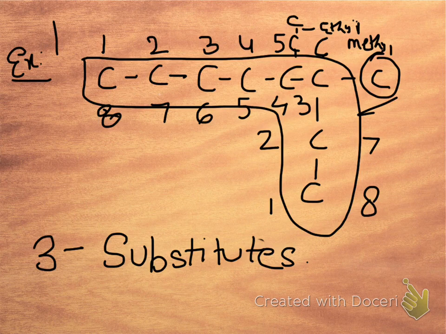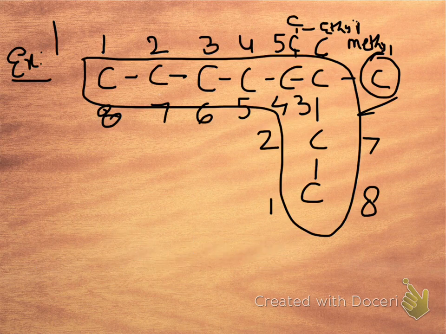Now you should write the compound name. How will you write it? As I said, while writing the compound name, first it should be the prefixes, then word root, then suffix. Suffix we'll discuss next. Let's write the prefix first. Prefixes are like ethyl and methyl.